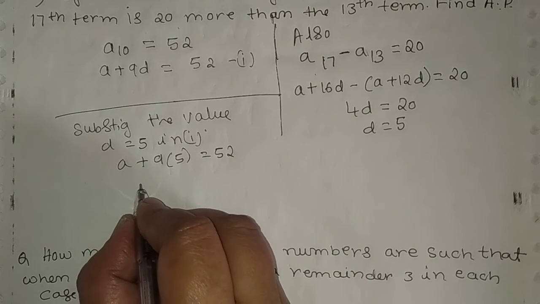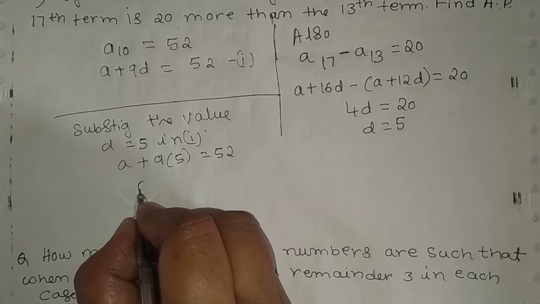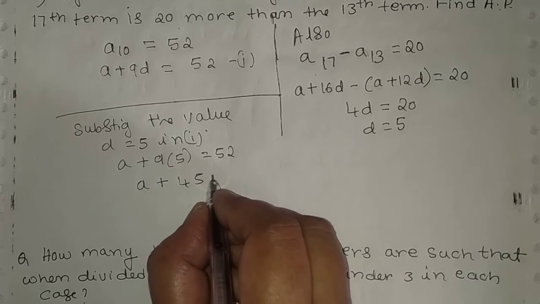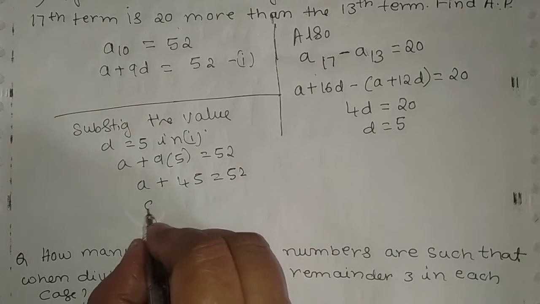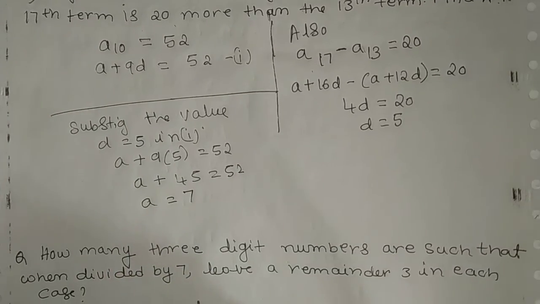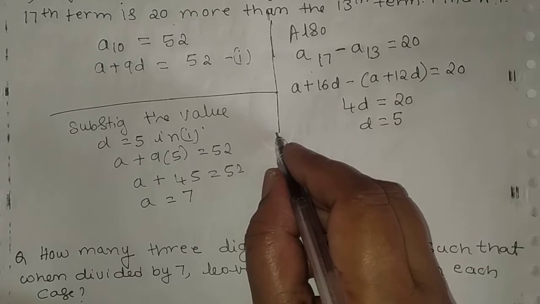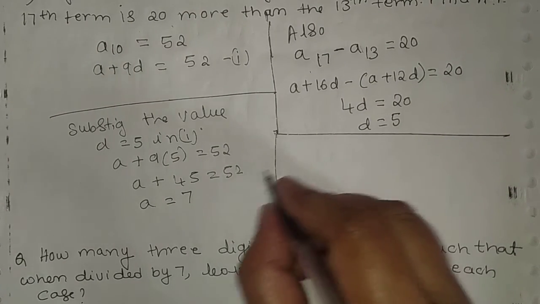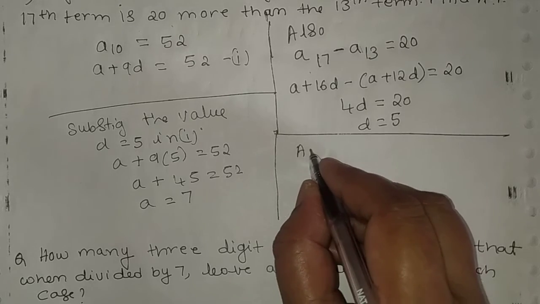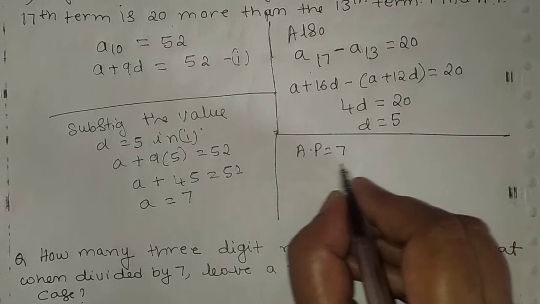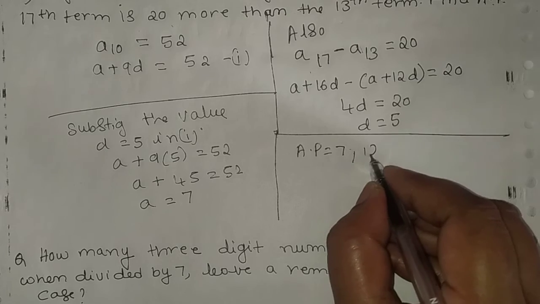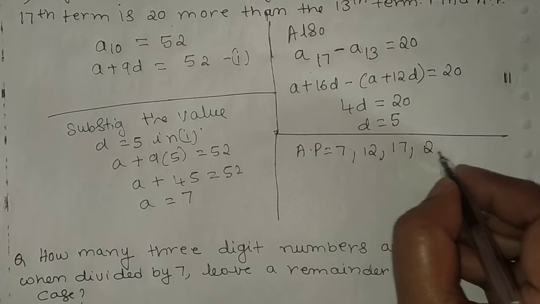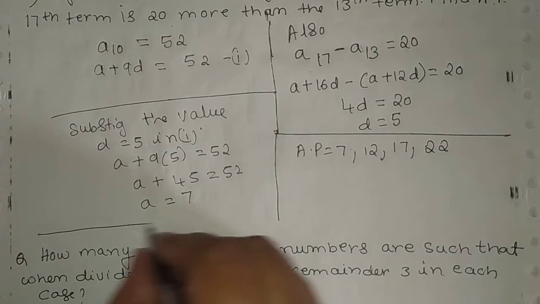Therefore A plus 9 5s are 45 is equal to 52. Therefore A is equal to 7. Therefore we have to write the AP here. So what is the AP? A we have got 7. AP is equal to 7, 7 plus 5 is equal to 12, 12 plus 5 is 17, 17 plus 5 is equal to 22. This is the AP found out.